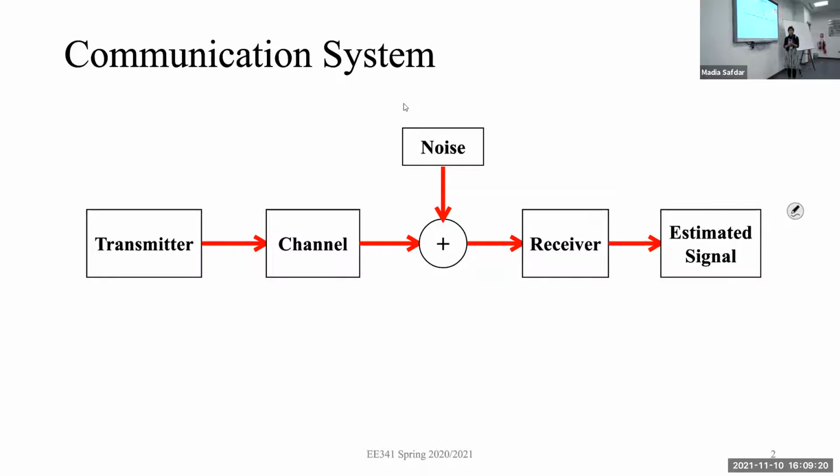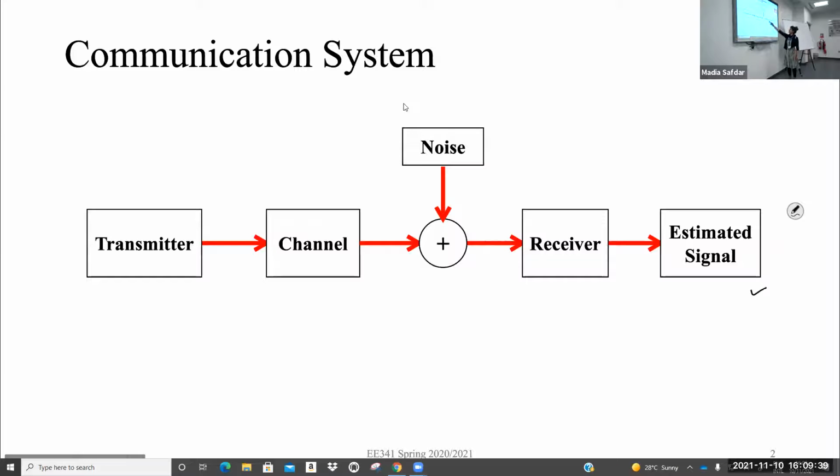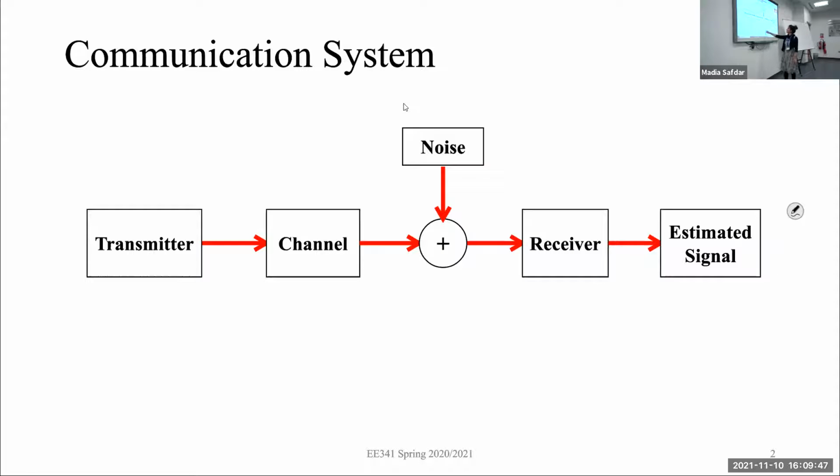Then we plotted frequency domain figures, and then time domain. Today we will do the same, but we will also transmit the signal, and then at the receiver we will pass it through the low pass filter, and then we will get our estimated signal. Today we will do this step also. Demodulation, exactly. Demodulation also today.